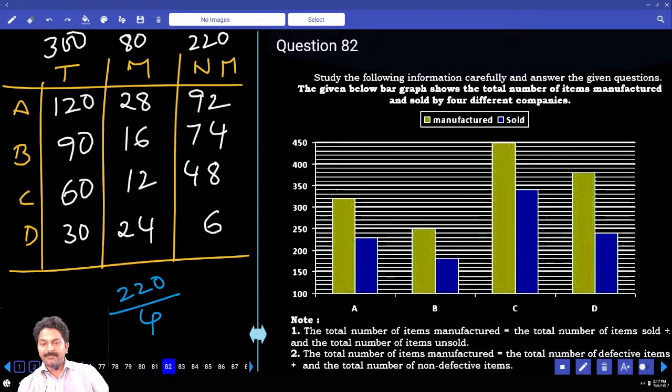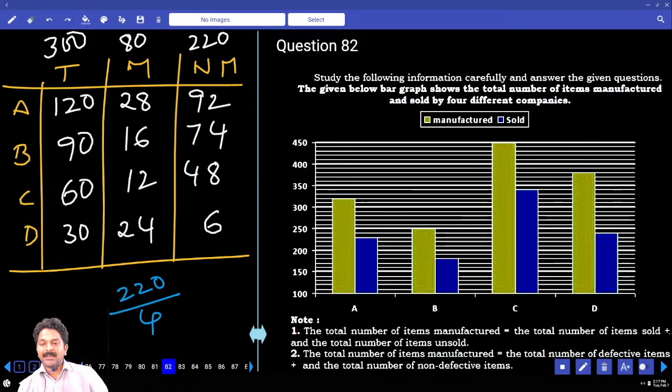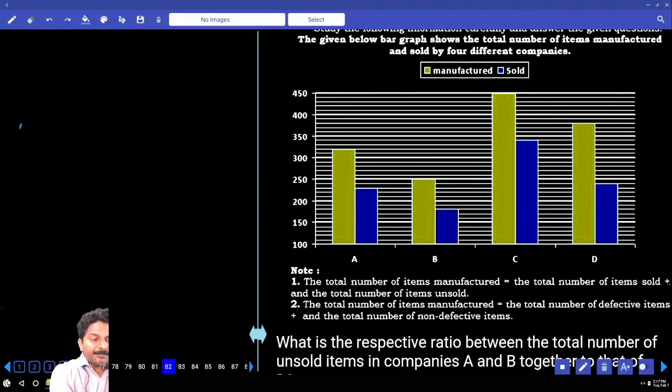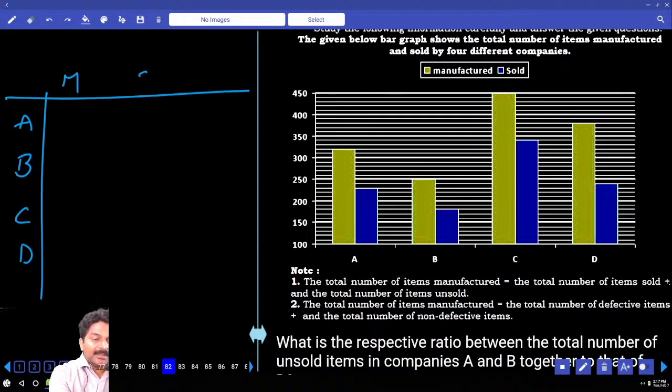Right now we have the given bar graph showing the total number of items manufactured and sold by 4 different companies, A, B, C, D. Manufactured and then sold.